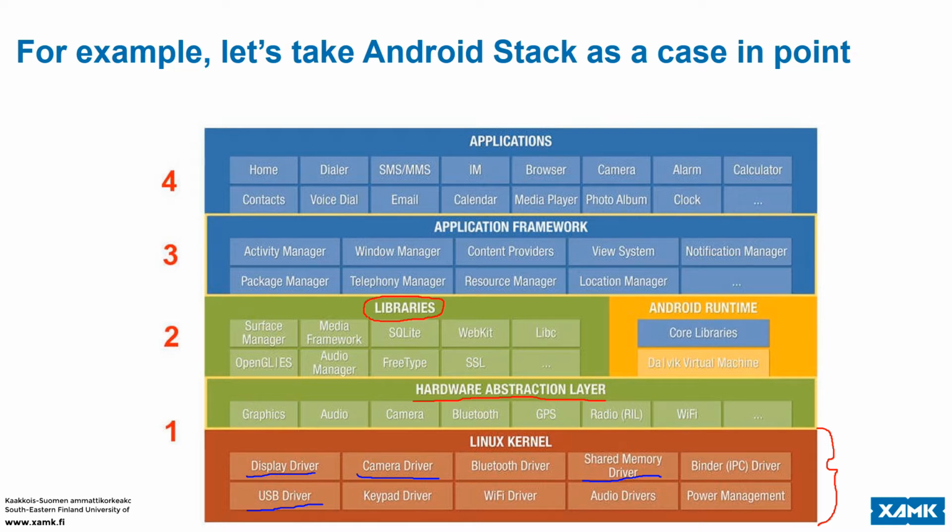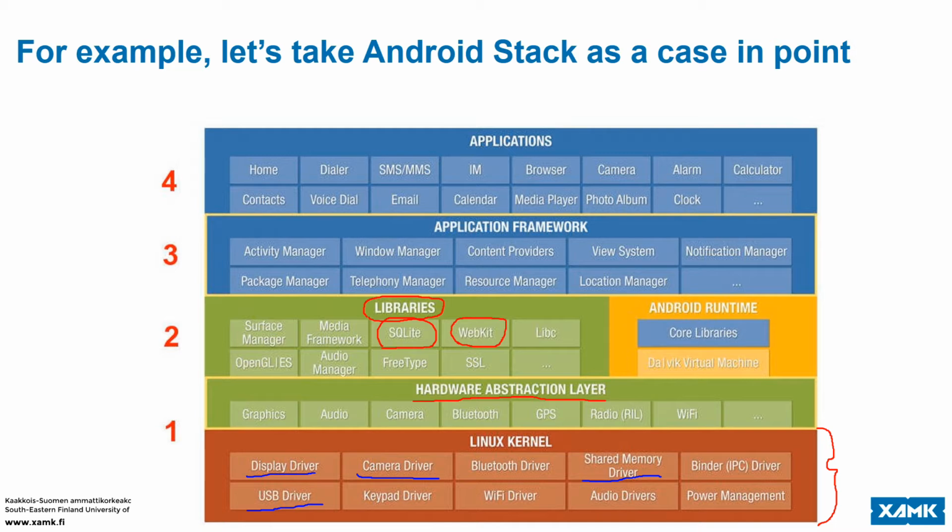For example, SQLite is a library for managing a database. WebKit is a library for rendering web pages in a web browser. So all of these important libraries allow software developers to actually make things work in their application programs.